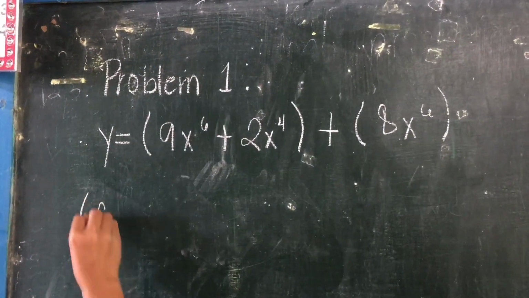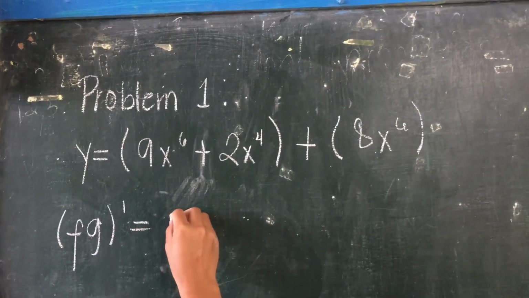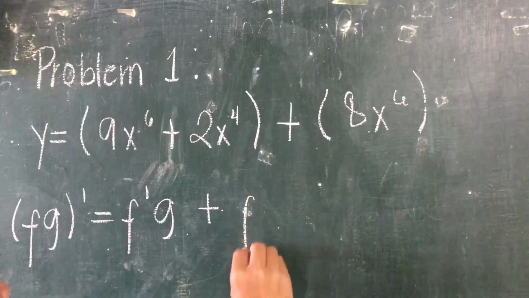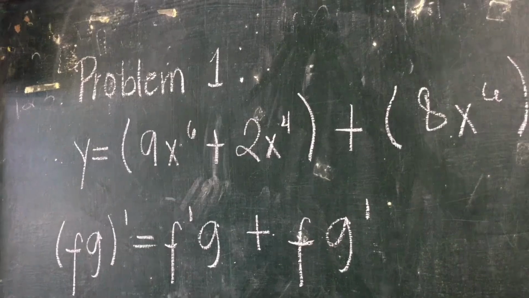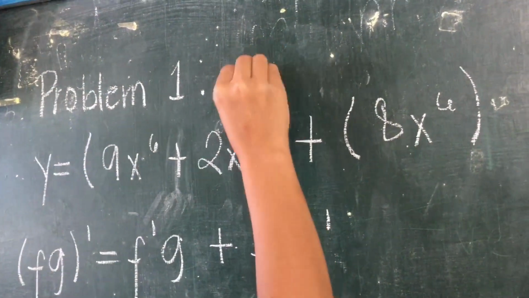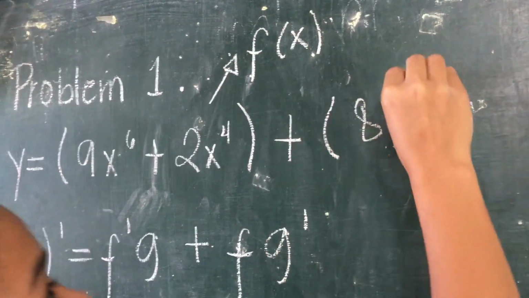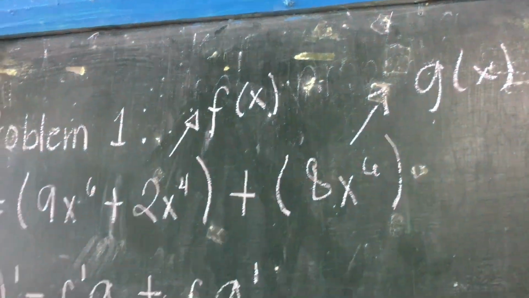The product rule says (fg)' equals f'g plus fg'. That means we'll treat the first part, 9x to the power of 6 plus 2x to the power of 4, as f of x, and the second part, 8x to the power of 6, is g of x.